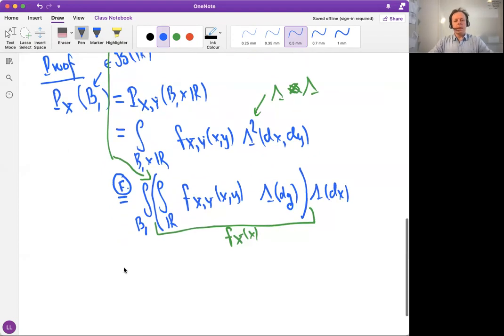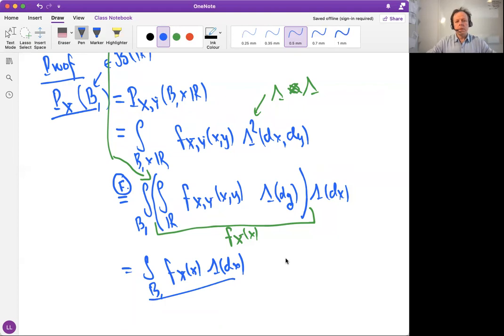And now we write it as the integral over B1 of fX of x lambda dx. And this is true, what we have here and what we have there. This is fine for all Borel sets B1.